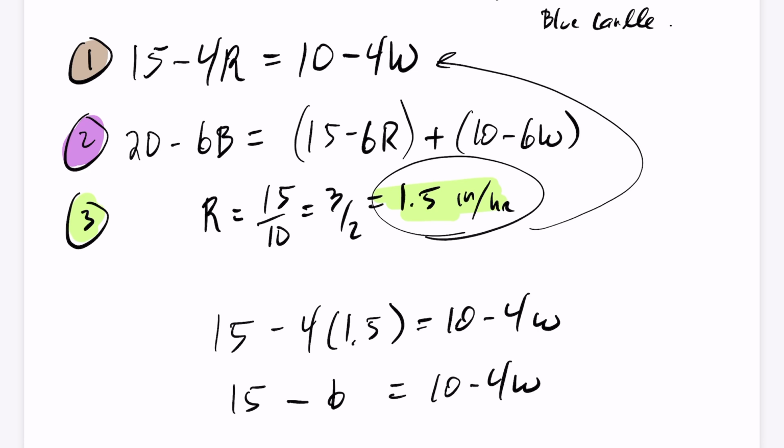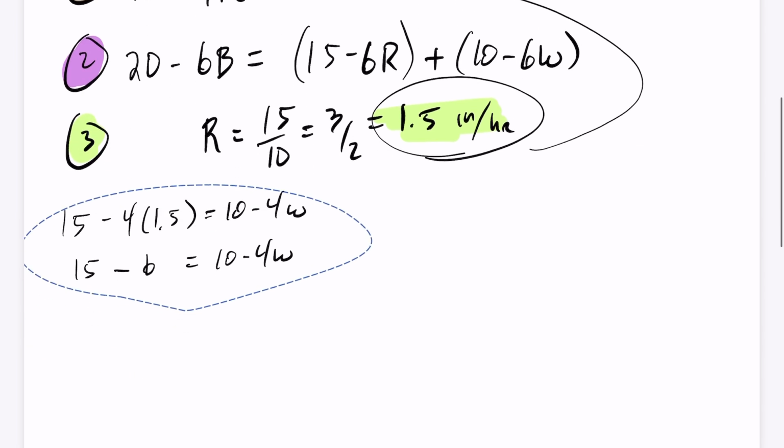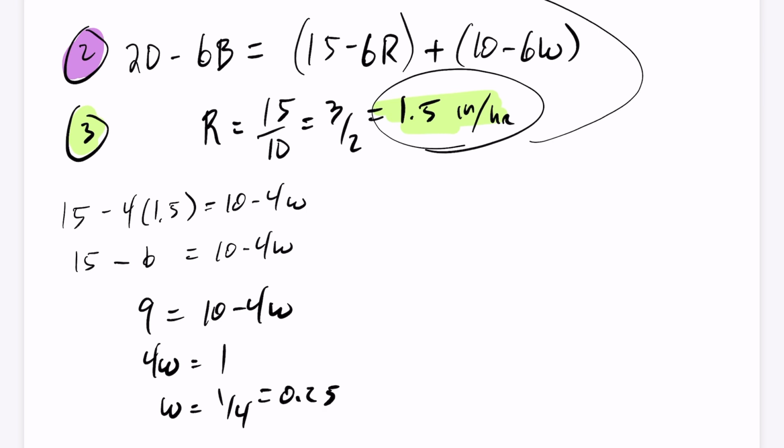We can solve for W just by the fact that we had the value of R. I can sub into equation 1 and solve for W here, in which case I get 9 equals 10 minus 4W. 4W equals 1, and W equals 1 over 4, which is 0.25. So now I know W is 0.25.